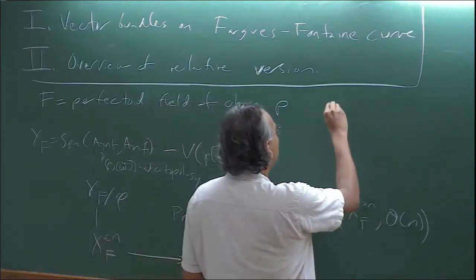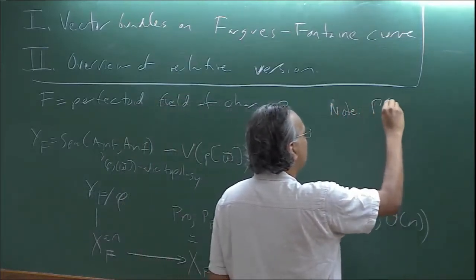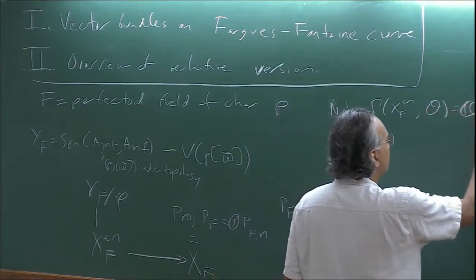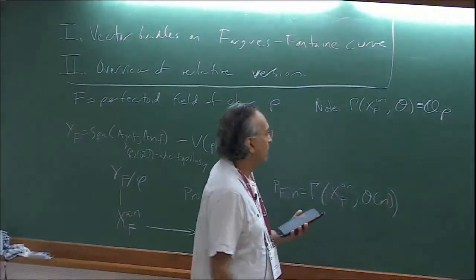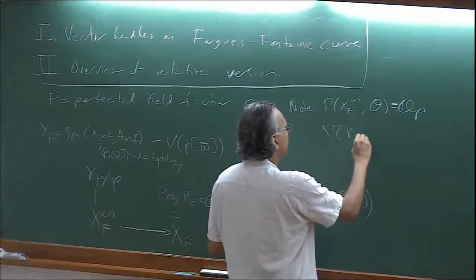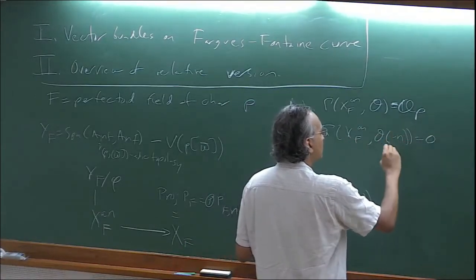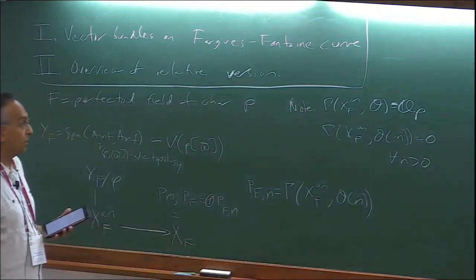I should mention, and this will come up again in a moment, I should have said this earlier, that the global sections of the curve are just Q_p. And from that, it's easy to deduce that the sections of O(-n) are 0.